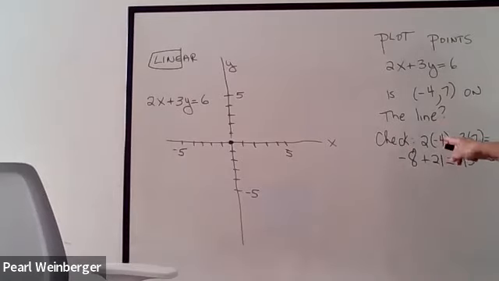When I plugged in the -4 for the x and the 7 for the y, I got 13. Is the point on the line? Obviously, no, because I didn't get the right answer. The answer I was supposed to get was 6. This turned out to be 13, and 13 does not equal 6. So that point is not on the line.